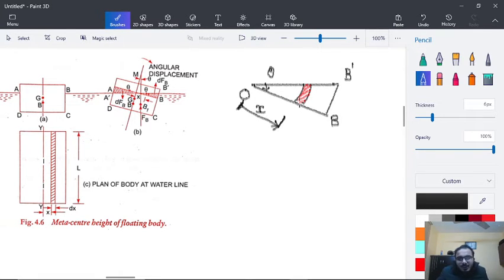So if we need to evaluate the length over here, then arc is equal to angle into radius.